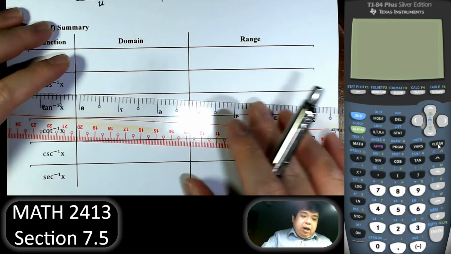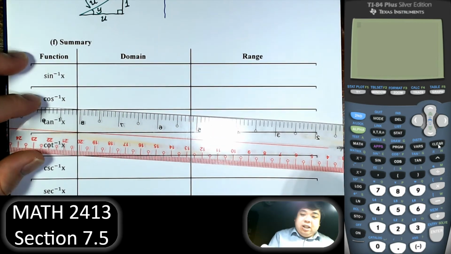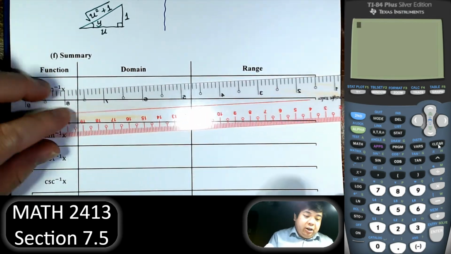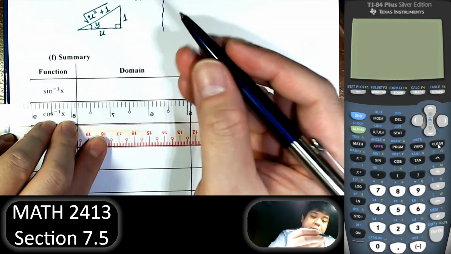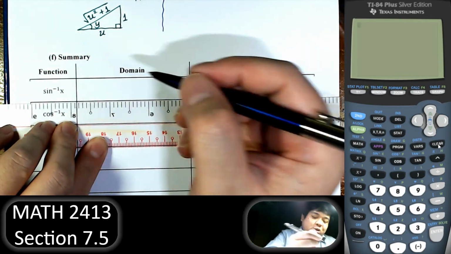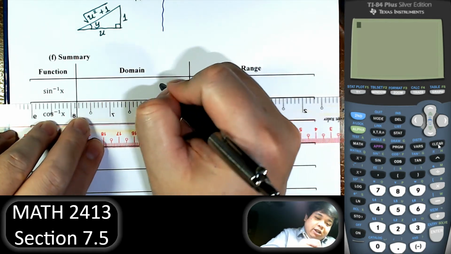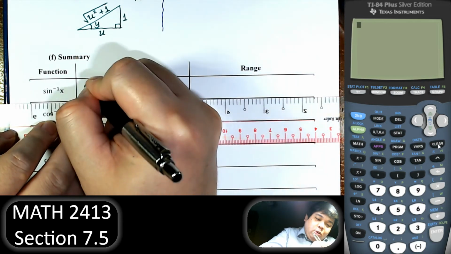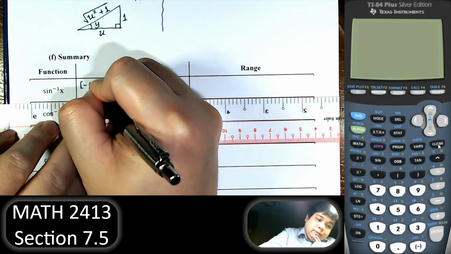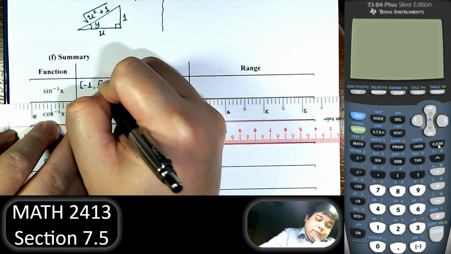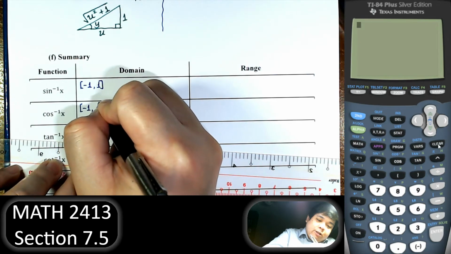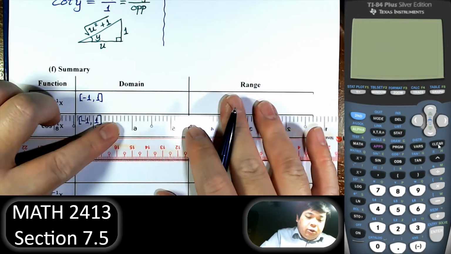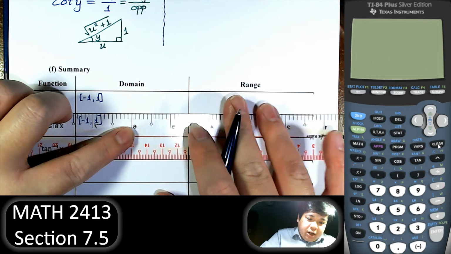But first, in this case, there will be 3 types of the domain. First, sine inverse will have to be between -1 and 1. You can just go back to the previous part of the note. This will be -1 to 1, and -1 to 1 for sine and cosine inverse.